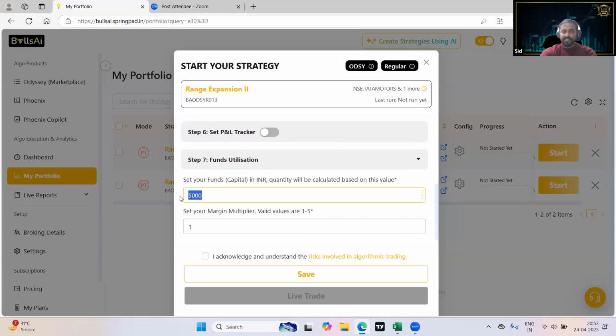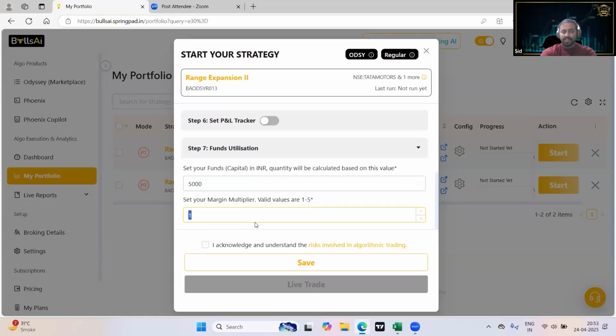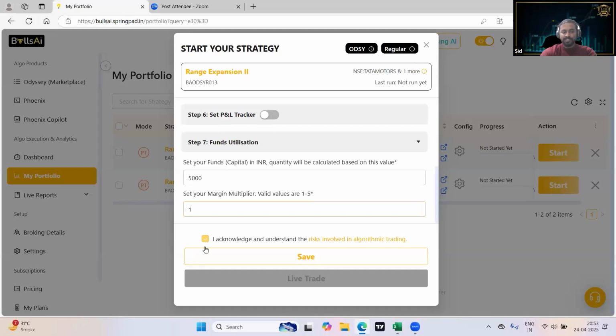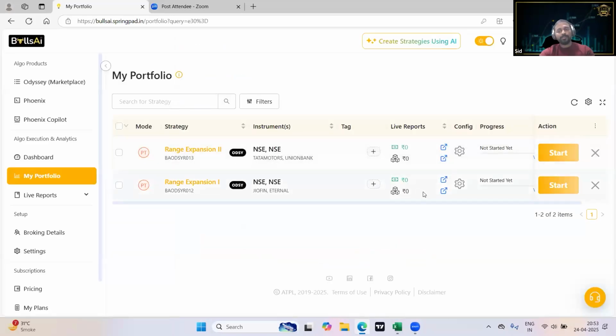Mention the fund utilization, mention the multiplier that you want to trade, and acknowledge this in case you're live trading, and this option will be enabled. This is how you can walk through. You can trigger range expansion 1 or range expansion 2 based on whatever you want to do.